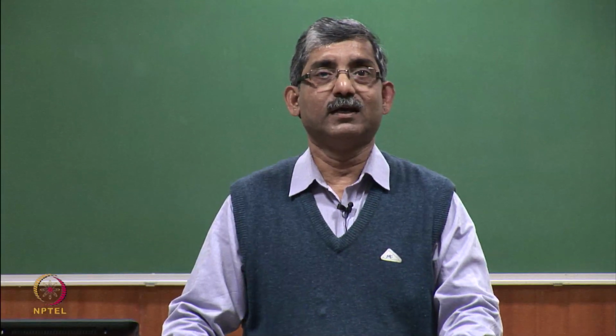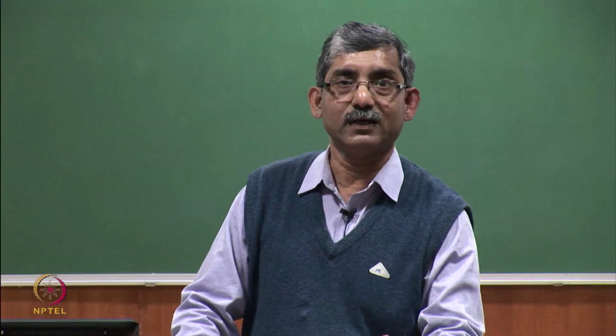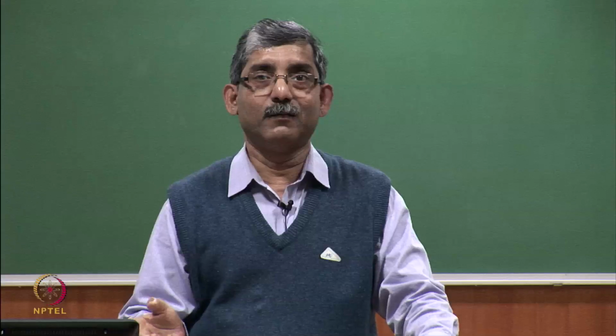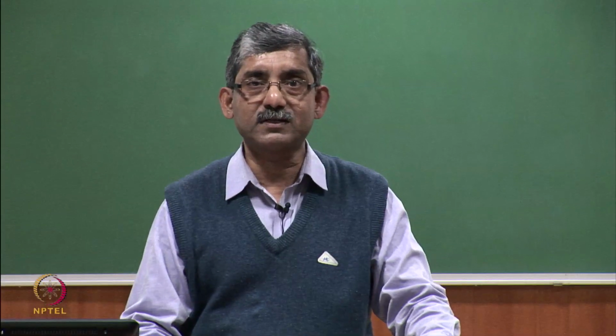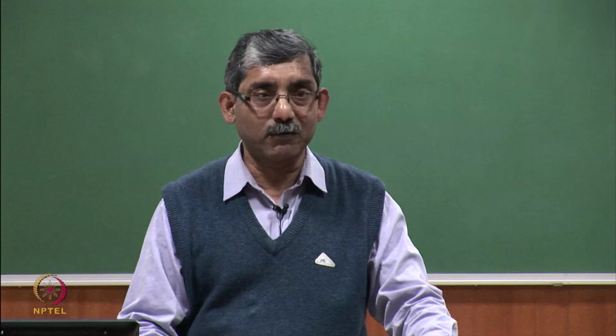Typically a minimum of 12 shots are there per panel, including at least 5 partial penetrations and 5 complete penetrations. That is the requirement. If we take a very high velocity where only complete penetrations occur, we will not be able to get the 50% probability.